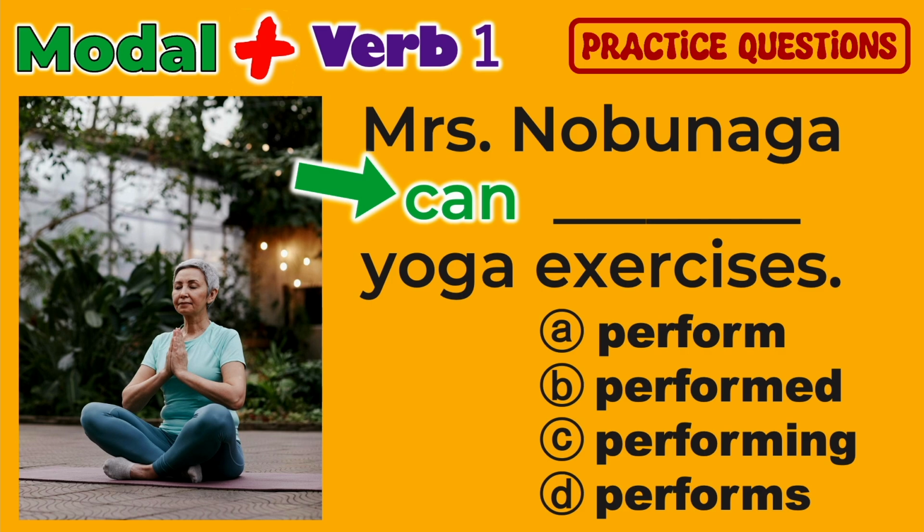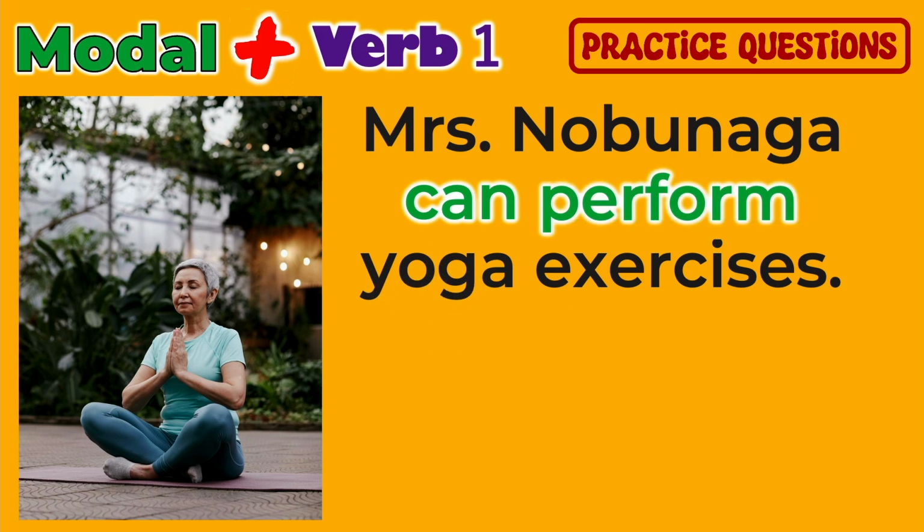The king of the sentence is the word can. So focus on that can. Can is a modal. You see that word modal up there? Modal plus verb 1, right? If we have a can, we need perform. Can perform. That is the correct answer. All right? No performs, no performing. If we have can, we want verb 1, the basic form or simple form.